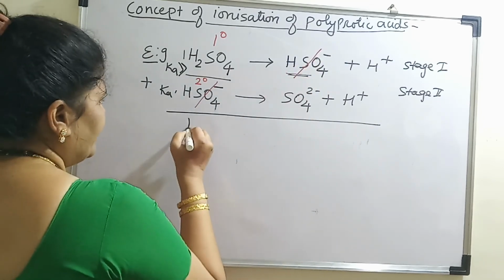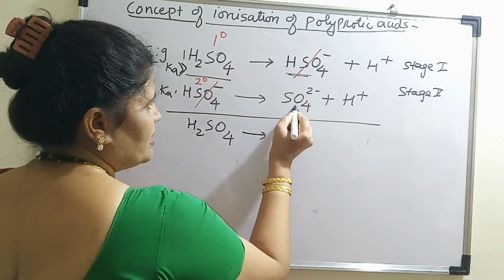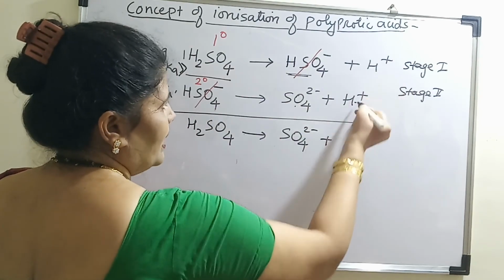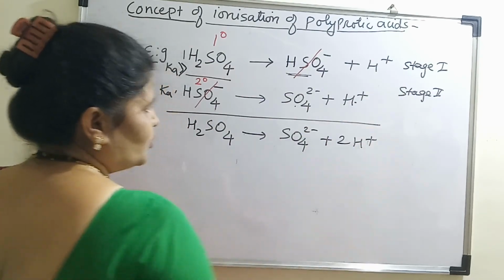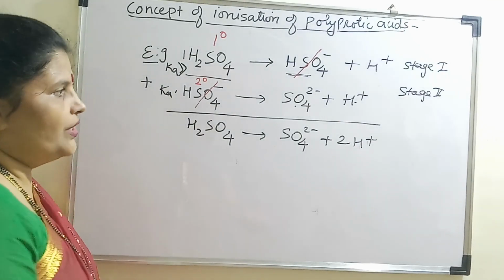So what I will get is H2SO4 gives SO4 2 minus plus 1 and 1, that is 2 H plus. So it is the same reaction that we got. This was a short confirmation of Hess law.